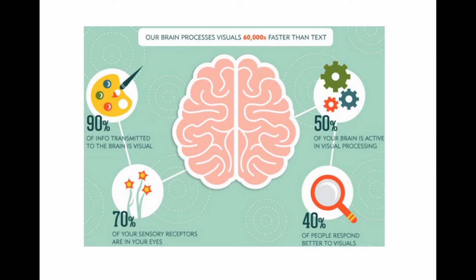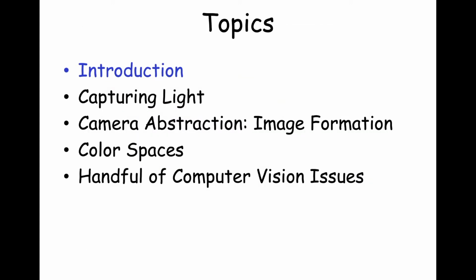At any moment in time, half of your brain is active for visual processing. And people just in general, 40%, respond better to visuals. So the ability to see, to process visual information is very, very important to human beings.